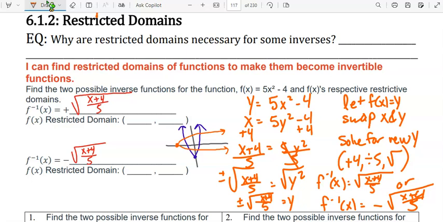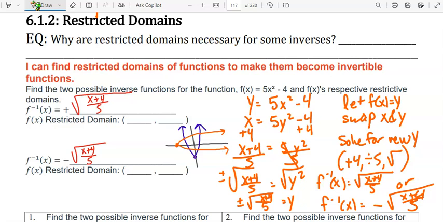Now, if you graphed both of those together, it would no longer be a function, since it would fail that vertical line test right there. So that's why you have to restrict the domain for it to actually be an inverse function.